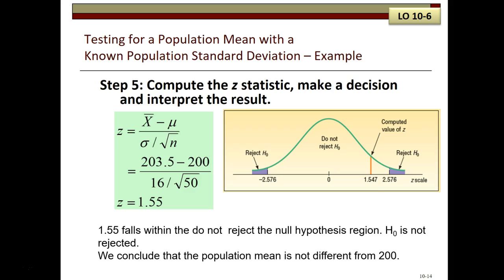So you would conclude that the new equipment, the new machine, the new people, are not causing a significant difference in the amount of desks and other office equipment being produced. The 3.5 difference that we see is just a result of the sample that we're taking.